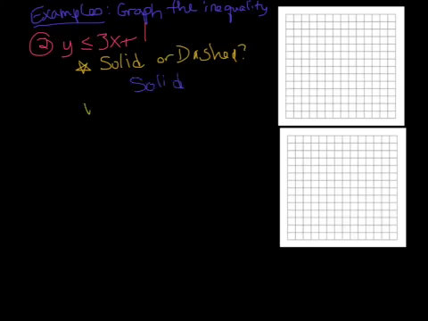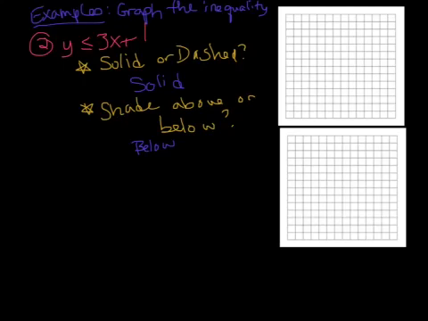The second thing you need to figure out is if you're going to shade above or below. And once again, if you look back in your notes, you'll see that because it's y is less than or equal to, it is going to be below.